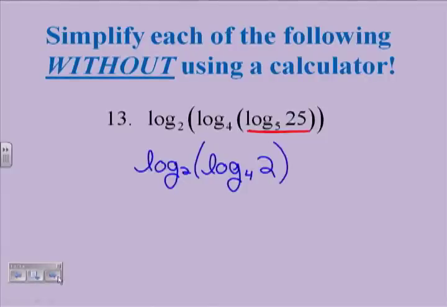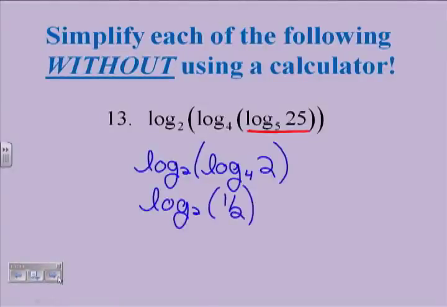And now I need to know what's log base 4 of 2. So 4 raised to what power would give me an answer of 2? Well, it's got to get smaller, doesn't it? The square root of 4 is 2, so that is the 1/2 power.